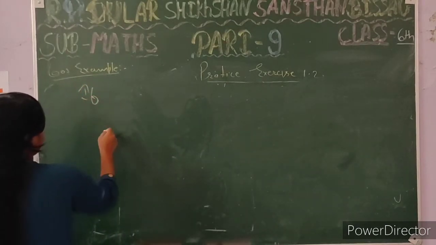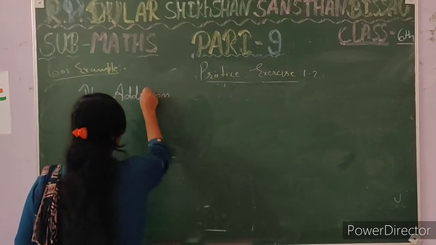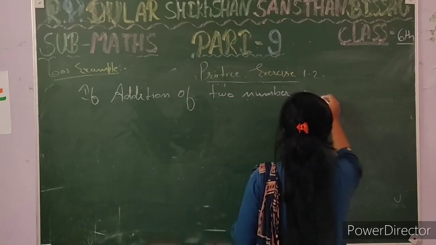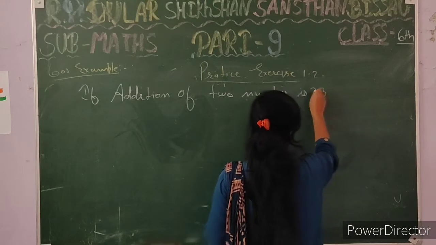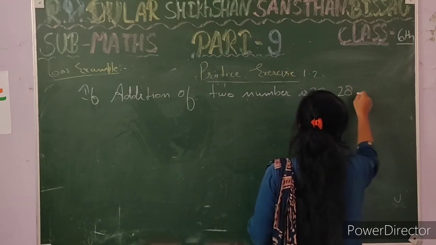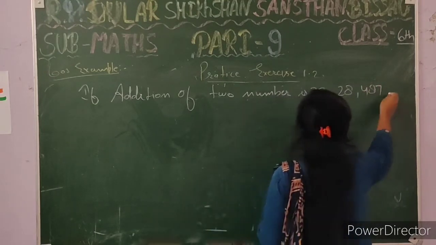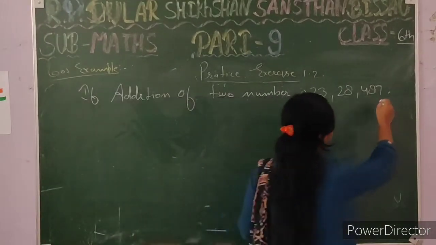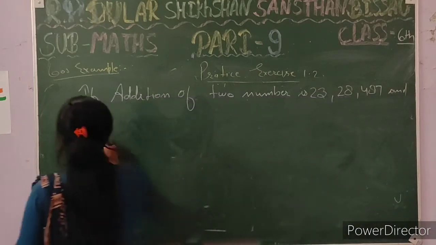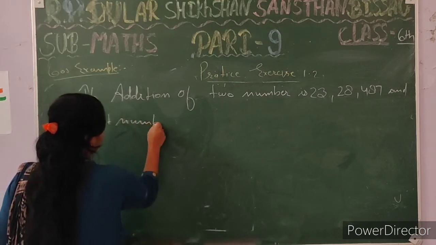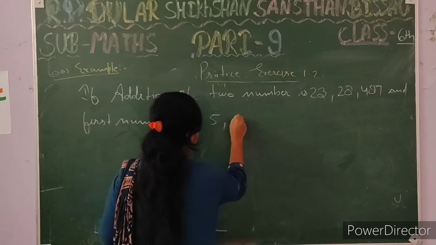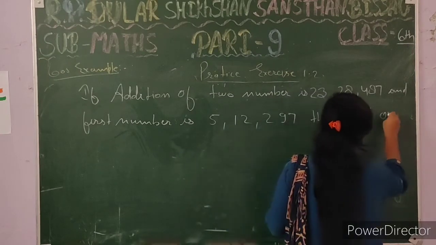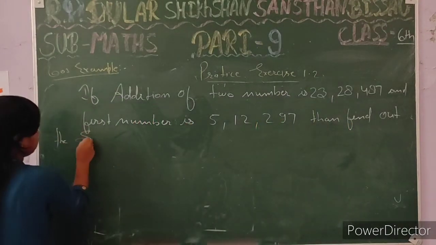For example, if the addition of two numbers is 23,28,487, and the first number is 5,12,297, then find the second number.